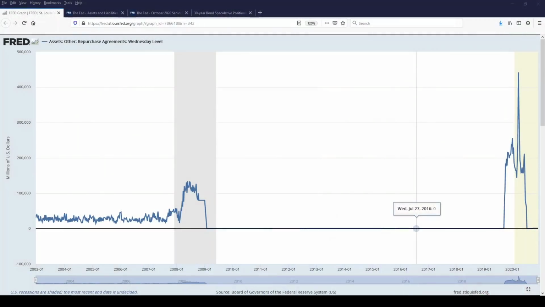Now, liquidity events occur when these providers of short-term dollar loans suddenly feel that the risk in these overnight loans is too much, and so they start to back off on how much they're willing to lend. And we start to see these problems occur in the repo market. I'm going to show you a chart here from the Federal Reserve database, and this is repurchase agreements.